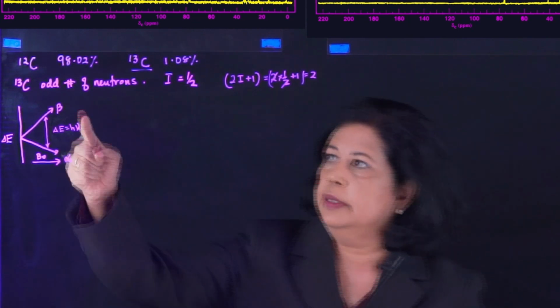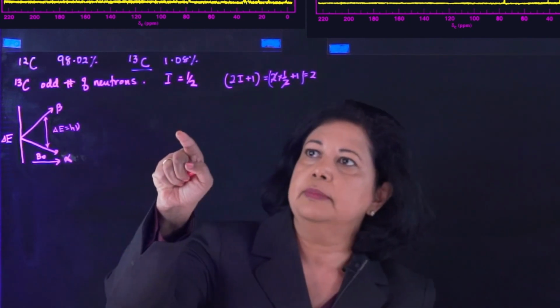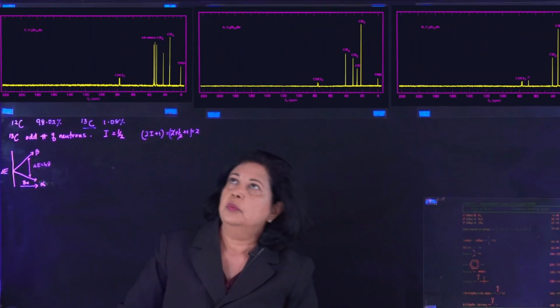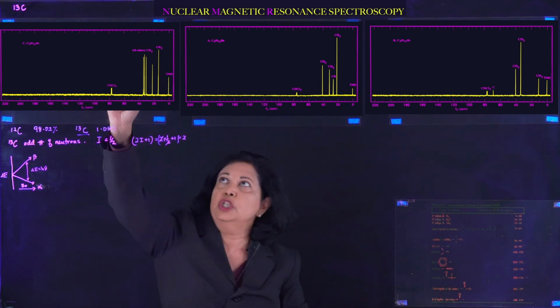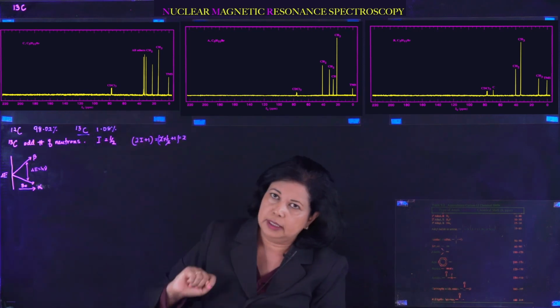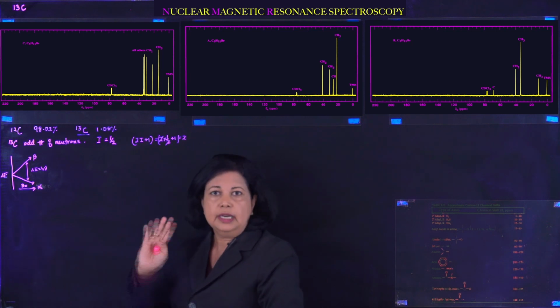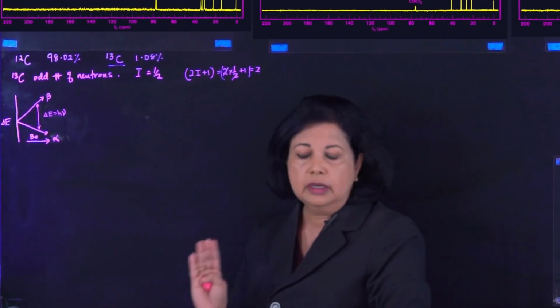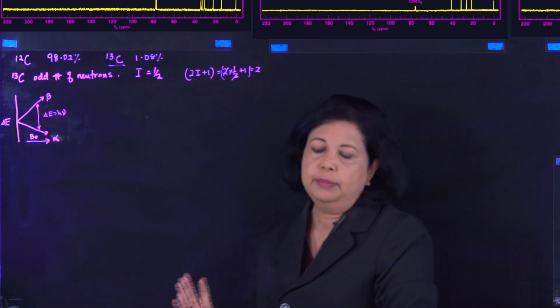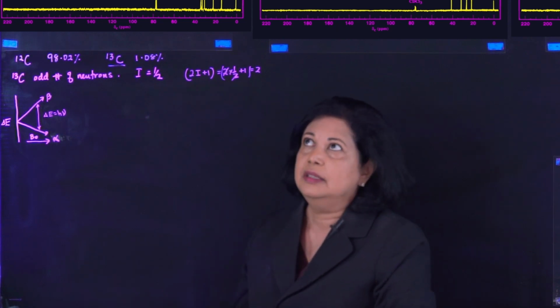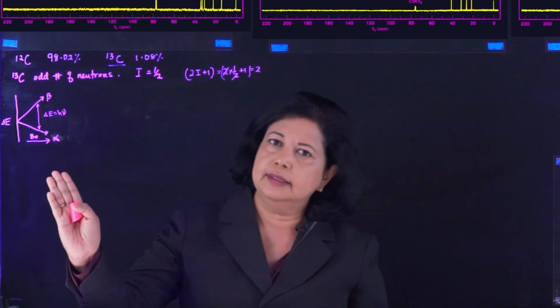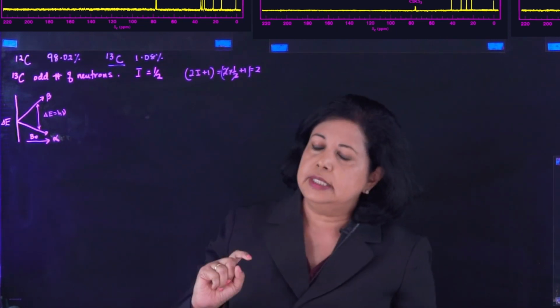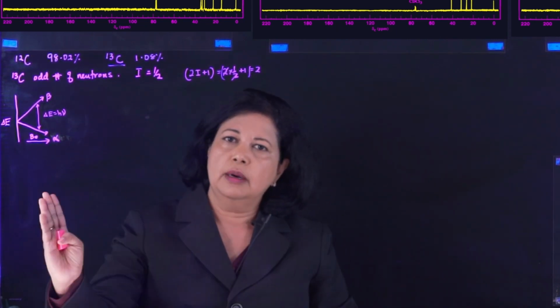Each time it relaxes, it will spit out some energy, which will be detected by the NMR machine, and you will get a corresponding peak for it. So every carbon that's in a different environment will have its own separate peak. Whenever you have a carbon-13 NMR, you would see a peak for each carbon.